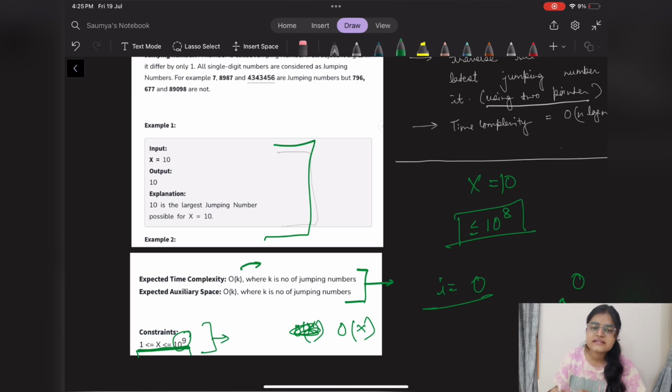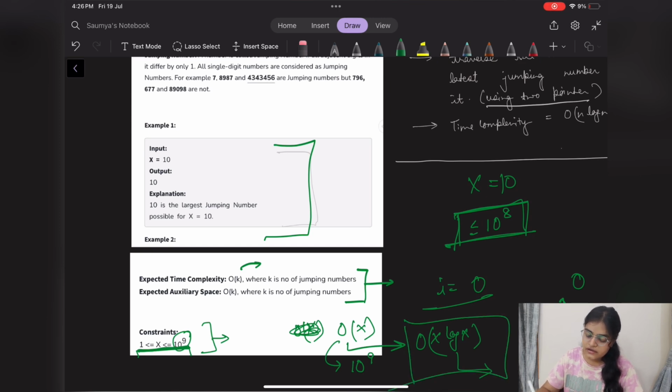Big O of x can still work, right? But big O of x log x will not work, because big O of x is 10 to the power 9 in the worst case, so big O of x log x will always be greater than that. The best time complexity is 10 to the power 8, so we can't afford this.